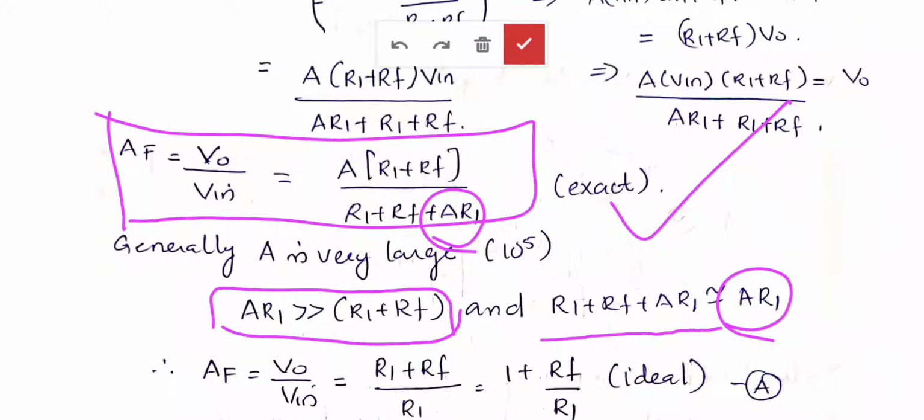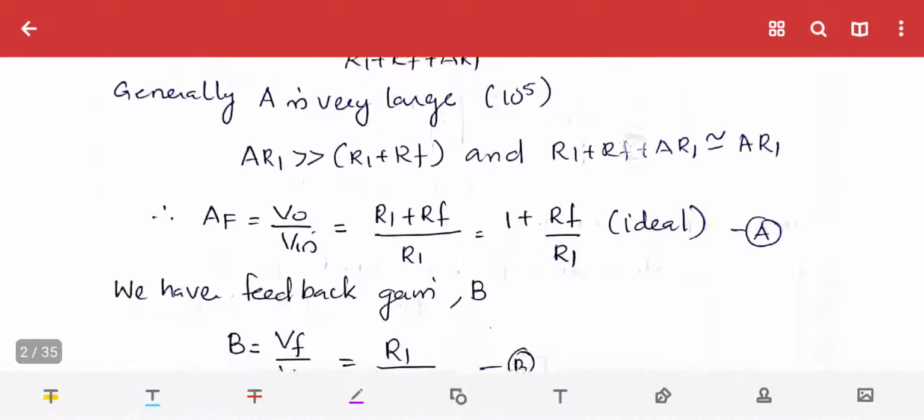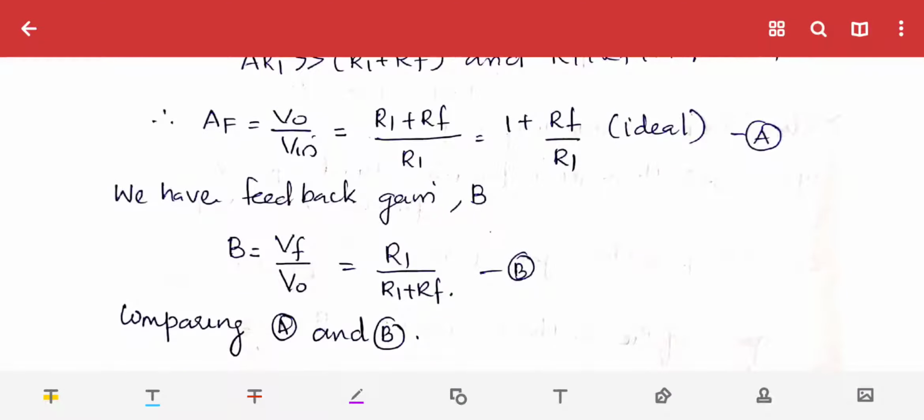So what is VO by Vin? A will get cancelled. What remains is R1 plus Rf divided by R1, that is 1 plus Rf by R1. This is nothing but the gain of a non-inverting amplifier. Gain of a non-inverting amplifier is 1 plus Rf by R1.